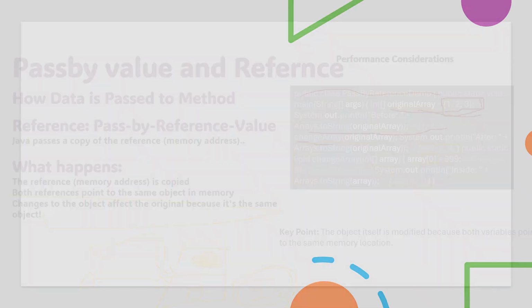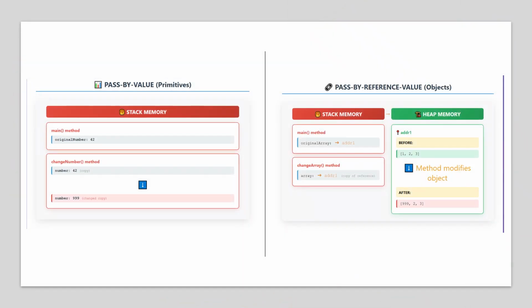Now, this is just a pictorial example of how it's done. Over here, we could see that inside our main method, we have the value as this. And then our user-defined method, a method we created, is supposed to change the value from 42 to 999.